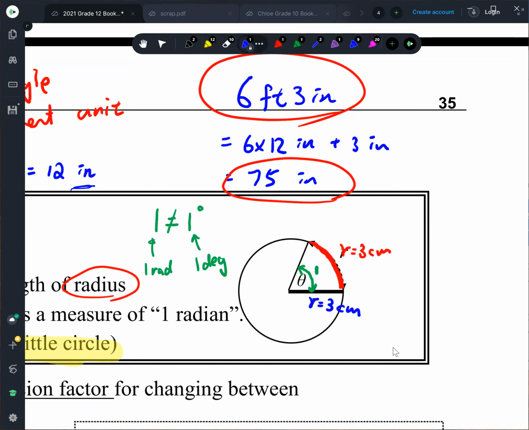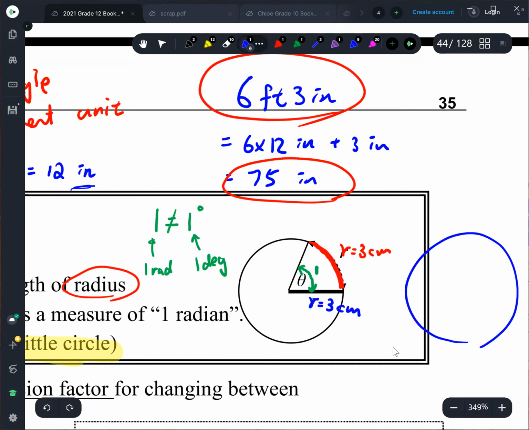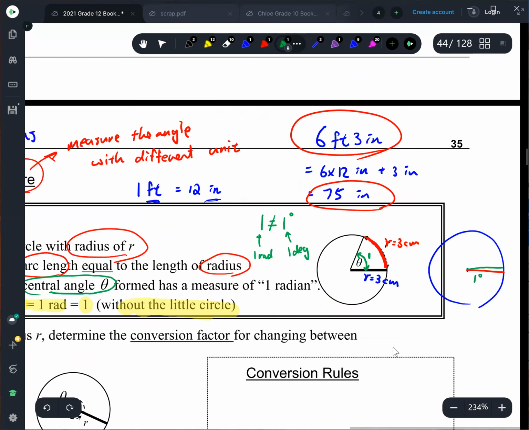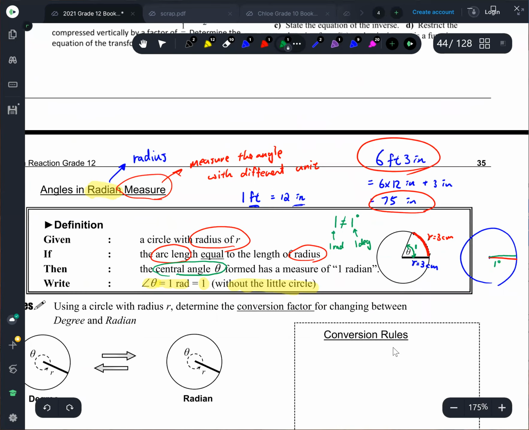Yeah, okay, 1 degree probably will look only like this, very tiny. Okay, this is 1 degree. One radian has to open wider because it has to be open as wide as your radius. Okay, so you can see it just by the picture.